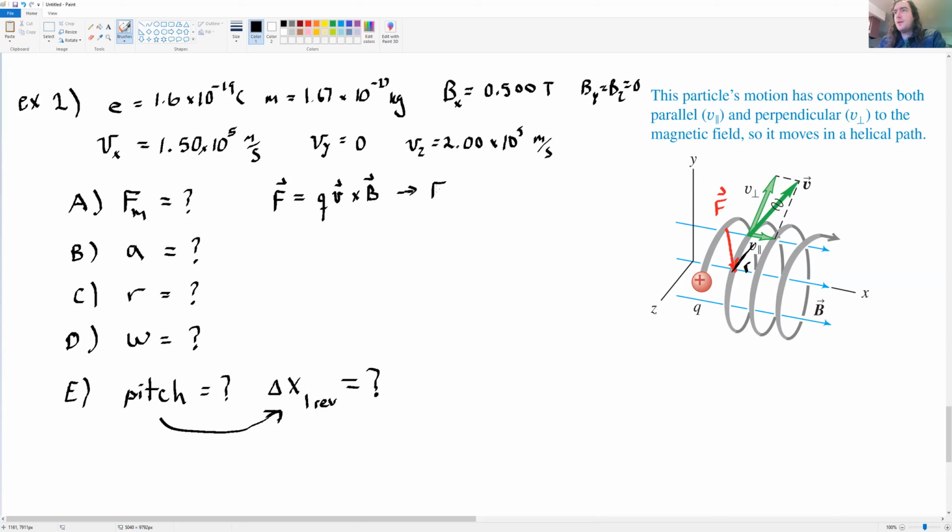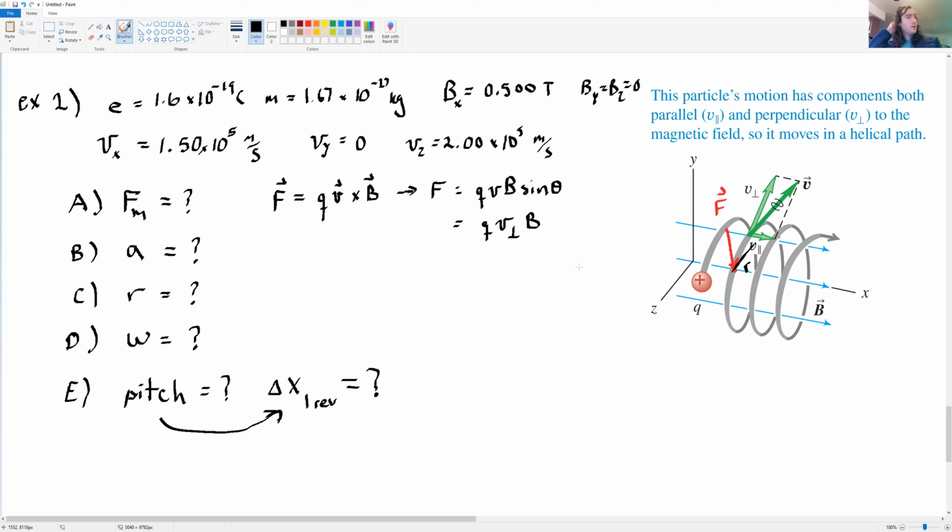So the magnitude here is Q V B sine theta, or you can think of it as Q V perpendicular, which is a slightly easier way to think about it in this particular problem.